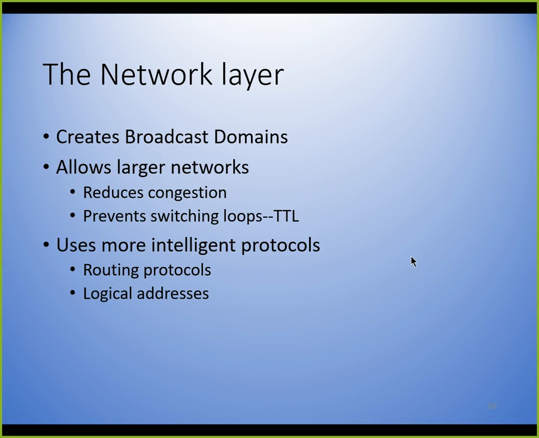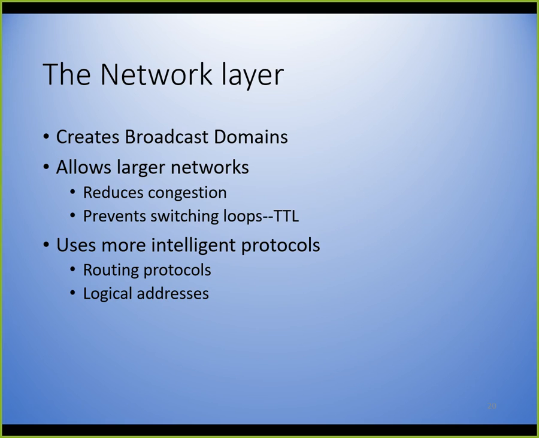So the network layer creates broadcast domains, using the temporary addresses, the IP addresses, that can change. This allows larger networks, reduces congestion, and prevents switching loops. What I didn't show is that if we connected a bunch of devices together in a loop with a switch, you're going to shut the network down because you're going to get a thing called a broadcast storm.